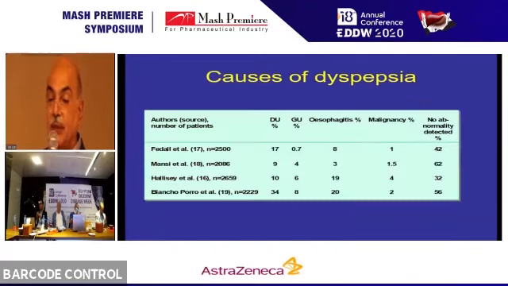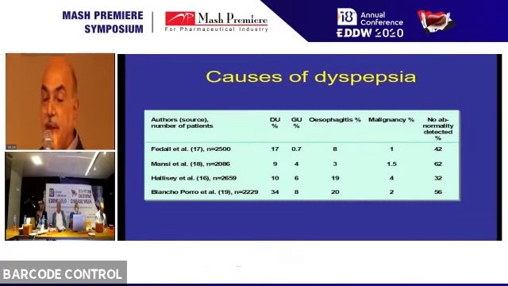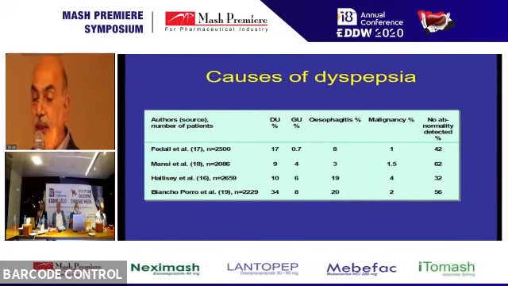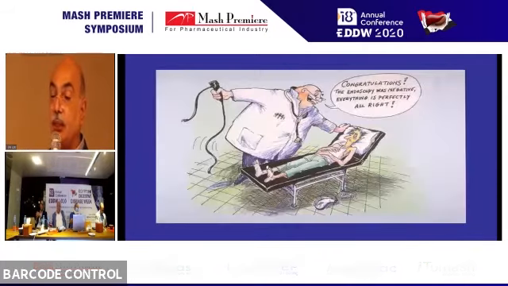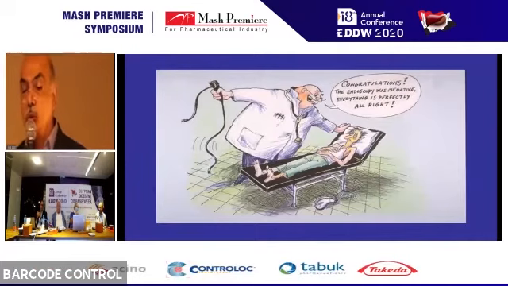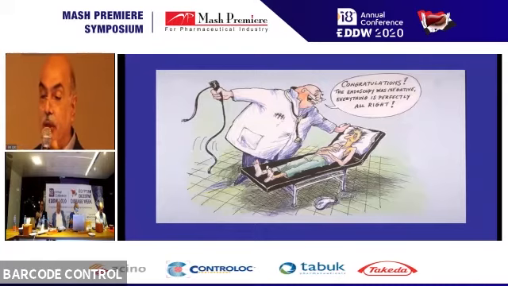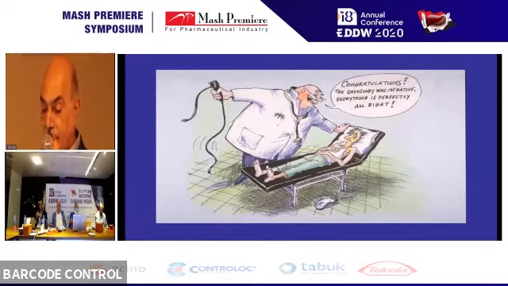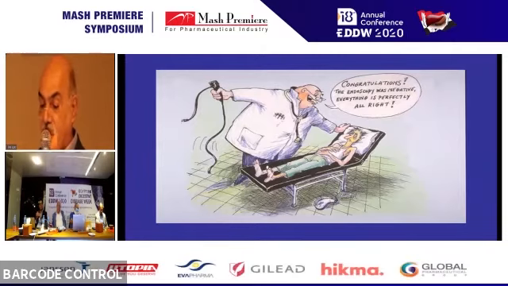There are many studies clarifying that the majority of patients with dyspepsia have no abnormality for this disease. So when you do upper endoscopy and you find that the patient is normal, don't assume that there is nothing, but think about functional disorders like the functional dyspepsia we are speaking about.